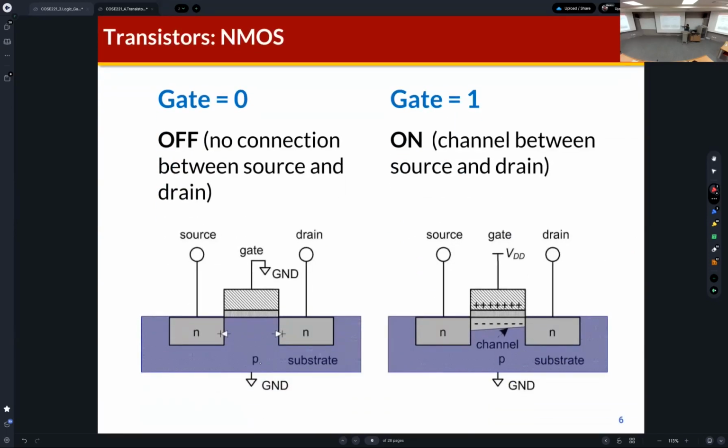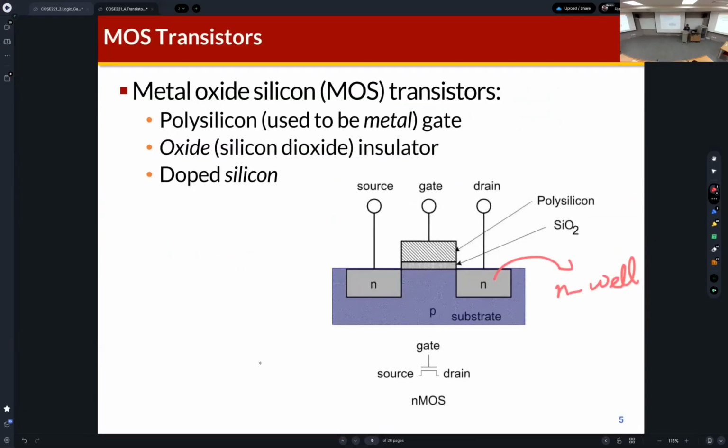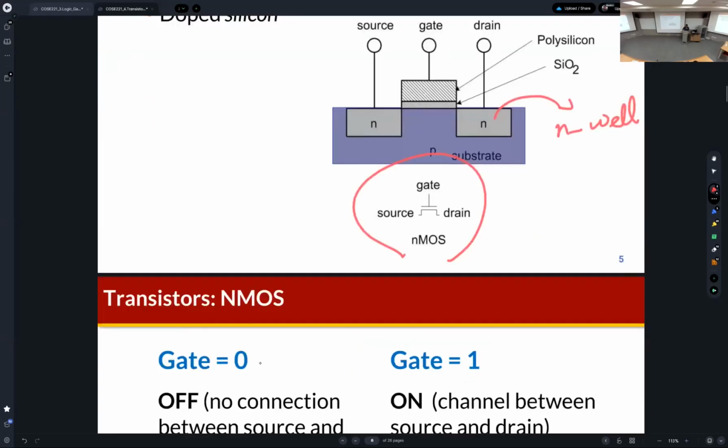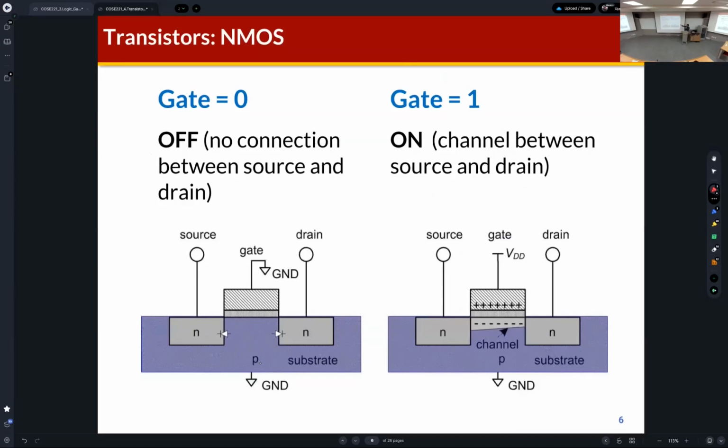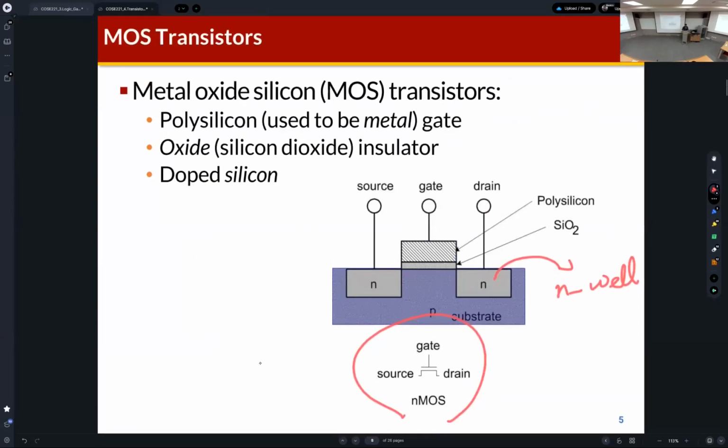The NMOS transistor, so this is the symbol of the NMOS transistor. If 0 is given, then the switch is turned off. But if 1 is given to the gate, then this switch is turned on. You can understand the operation of an NMOS transistor like this.